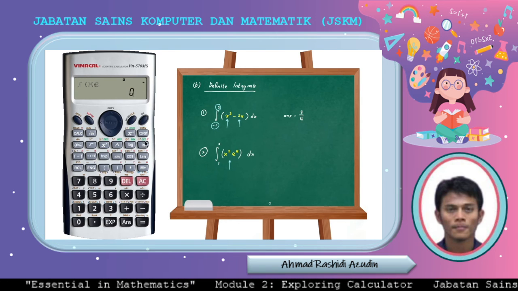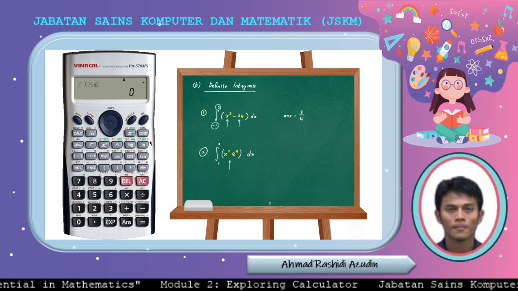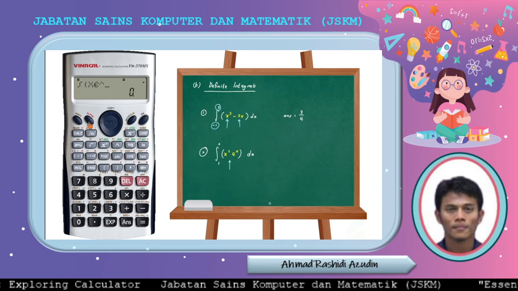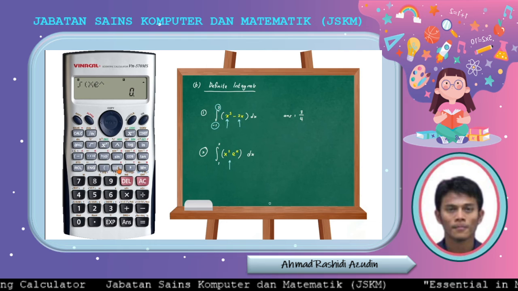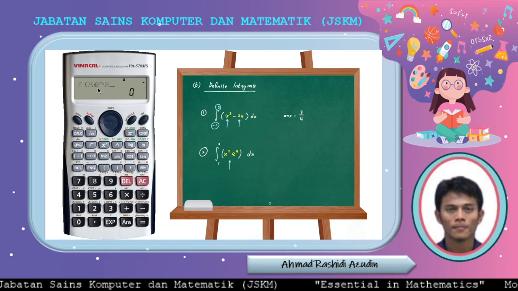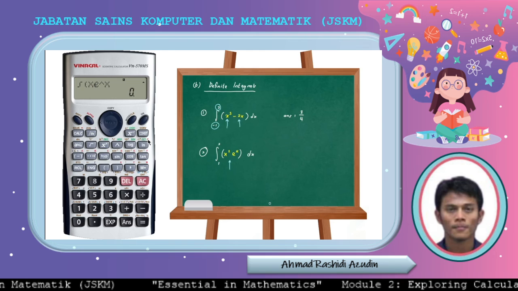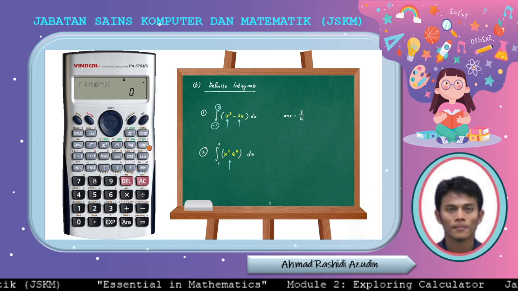If we use this way to display the exponential function, we need to use this symbol in order to display the power, and then alpha followed by this button. So this is how you key in the exponential function for e to the x if you want to use this symbol, this feature, red e.